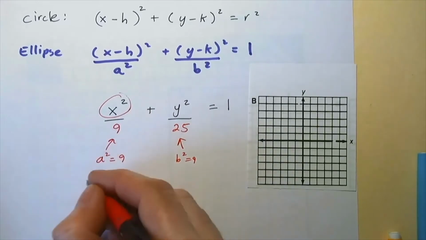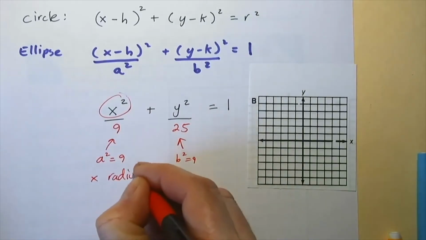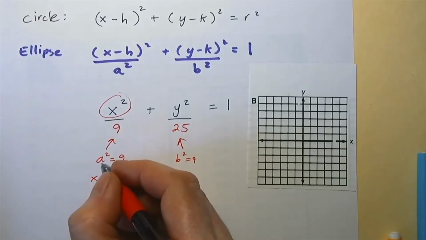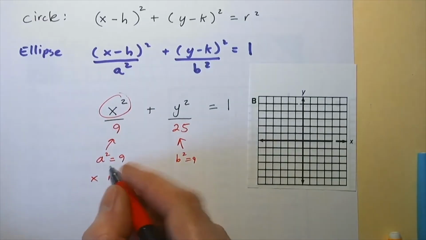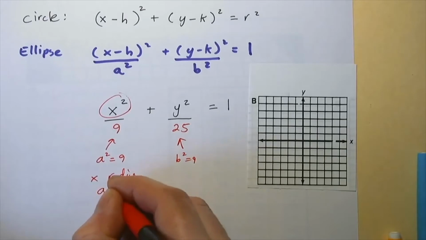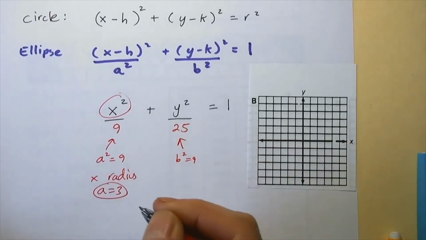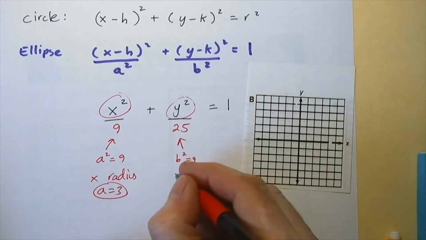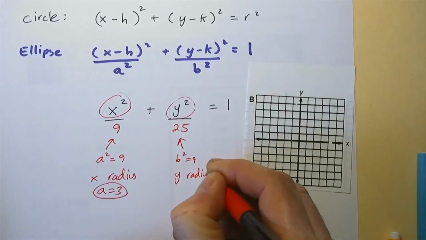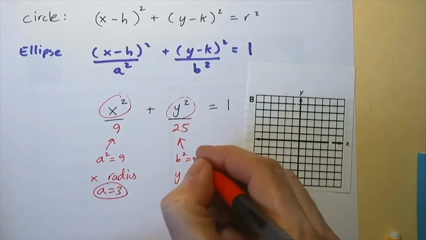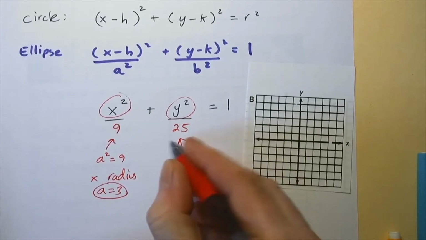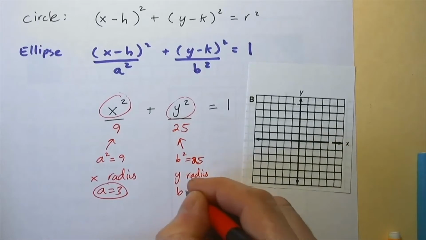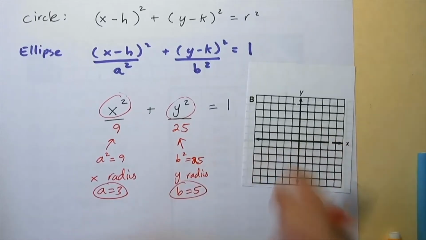So this is the x radius. It doesn't matter if it's a or b, but the book makes you think you have to know that's a. But this is the x's radius, so a is 3. Over here, this is under y. This is the y radius. In this case, we've got, whoops, I wrote 9, 25. B squared is 25. So what's the y's radius? Oh, the y's radius is 5.